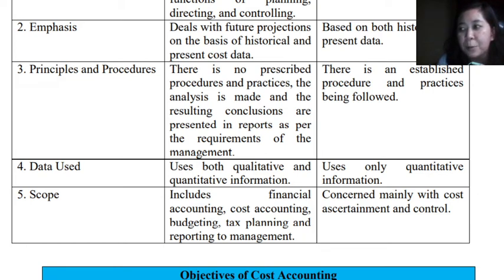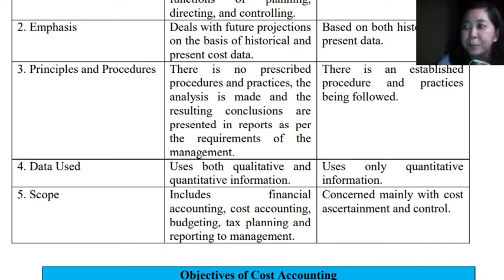Aside from making a conclusion that they are not performing well, the management should also consider the reasons why that certain division incurred a loss. What are the possible reasons behind it? So this is an example of using quantitative and qualitative information.